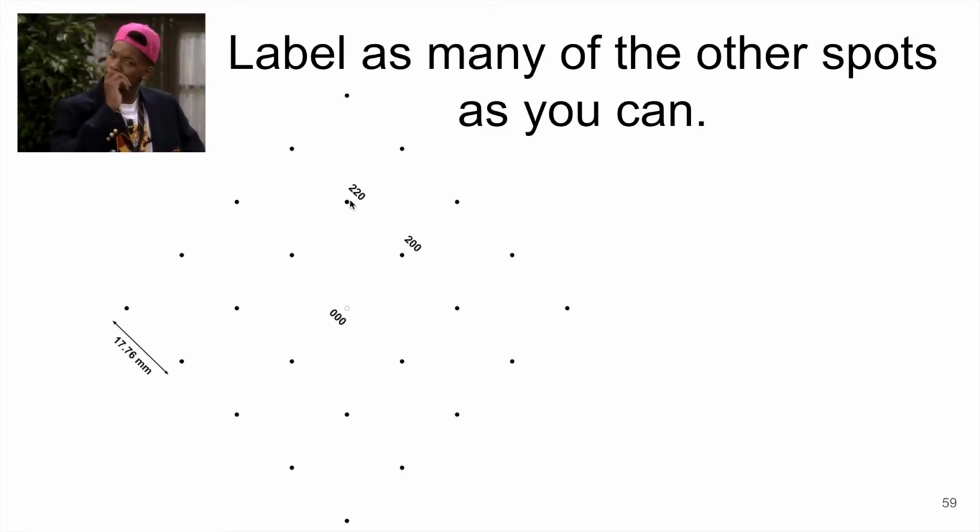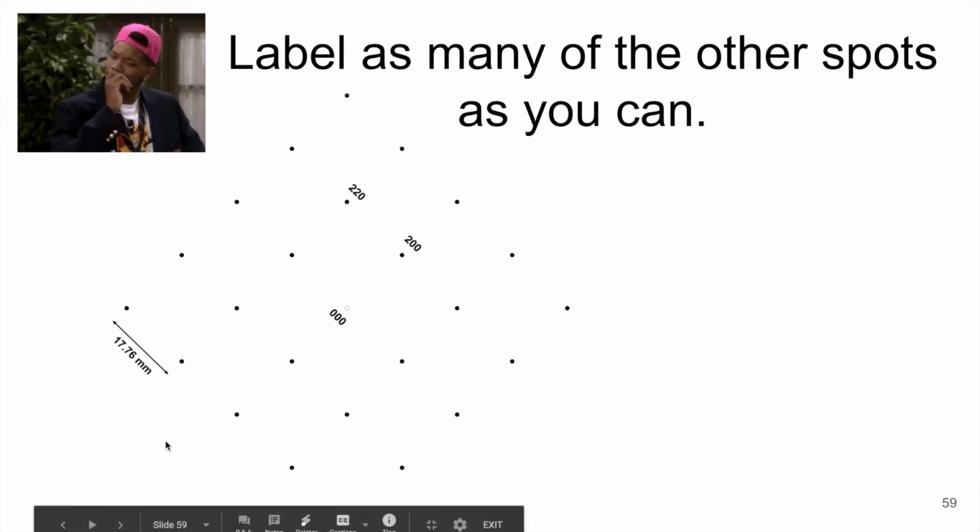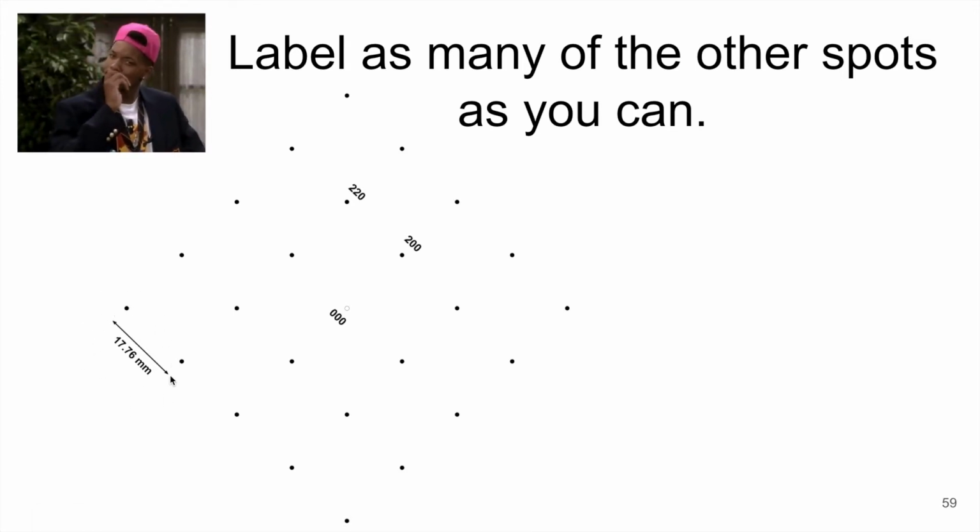So this spot relates to the set of 220 planes, this to the 200 plane. There's also a scale bar here, which tells you the scale of the image, so that if you blow it up or shrink it, you can use that for more precise calculations.